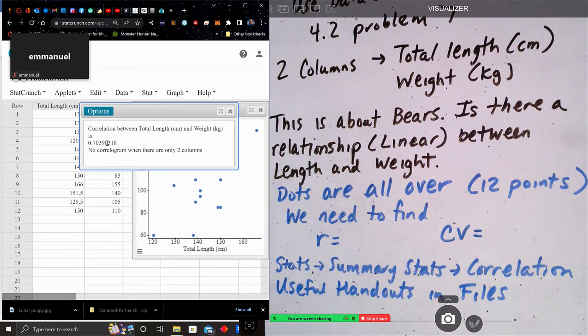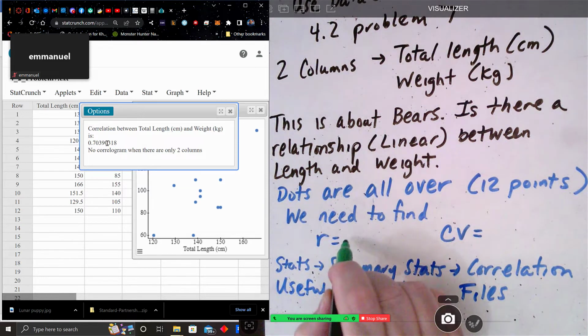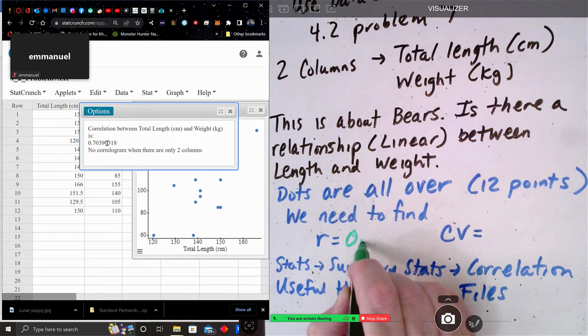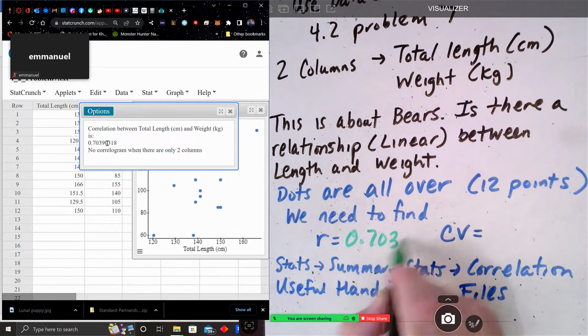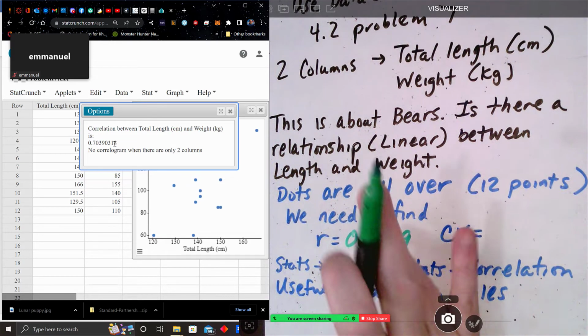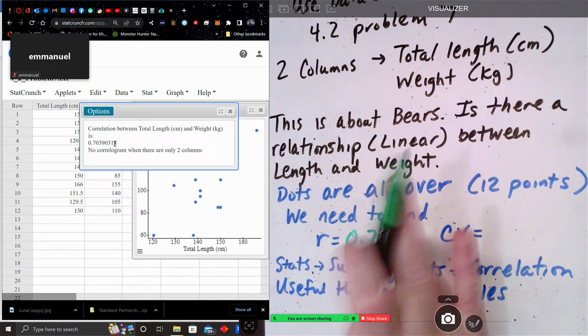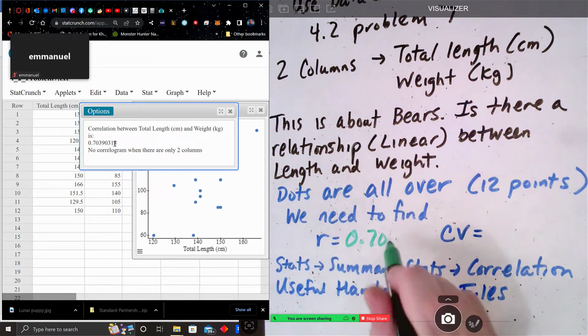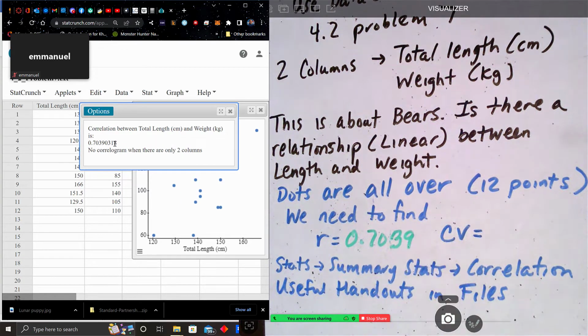And I'll just do 4 decimal places. Appropriately rounded, I probably don't even need that. I think the critical value table only used 3. So maybe I'll use 3. Yeah, I'll use 4 because we can see if it's spot on. I want to know if it's a little bit higher or lower.